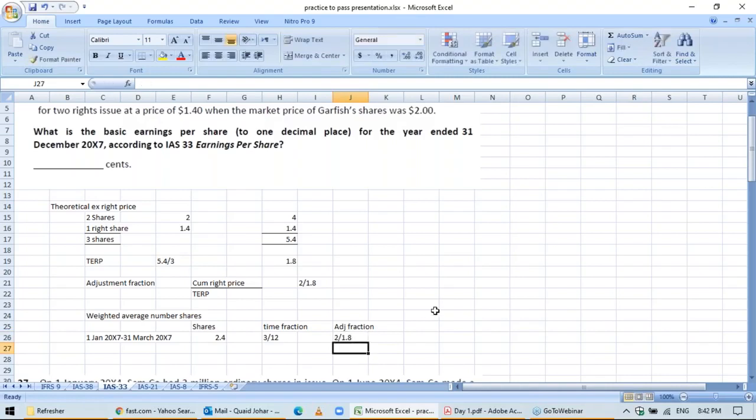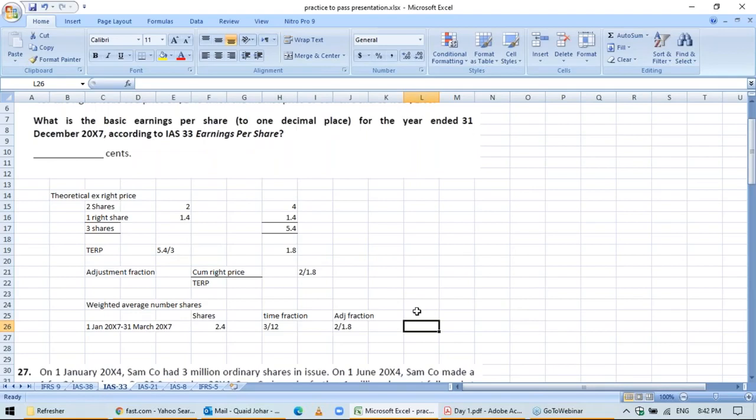This will be applied over here because till now the right issue has not occurred. So now multiply all these three: 2.4 multiplied by 3 divided by 12 multiplied by 2 divided by 1.8. You get this much shares.